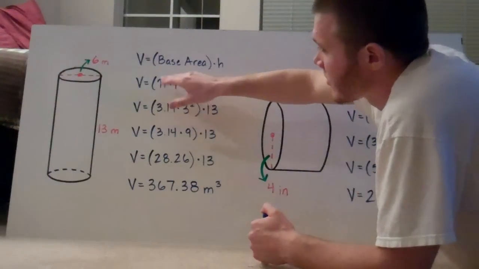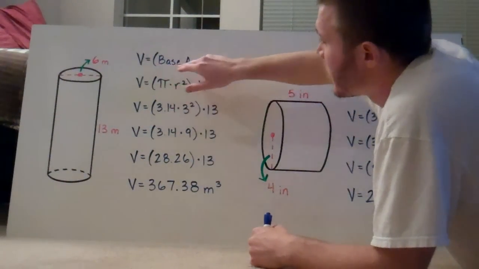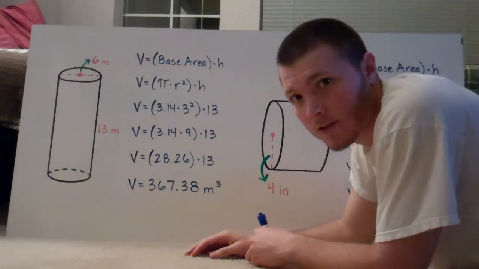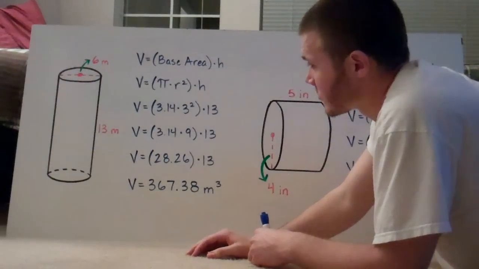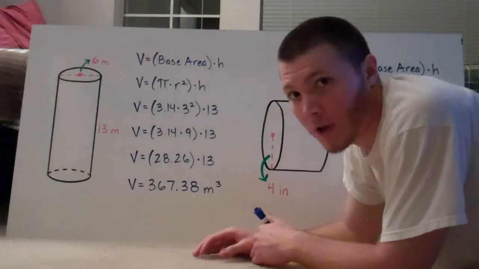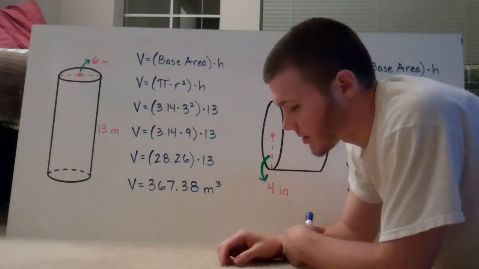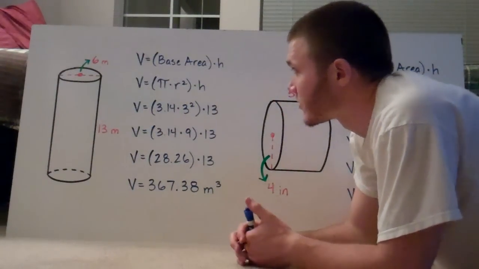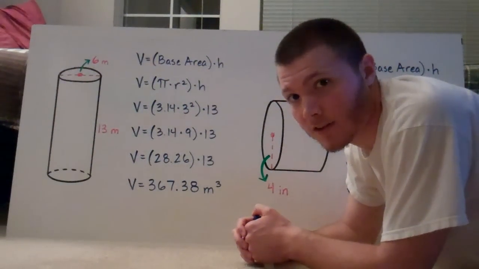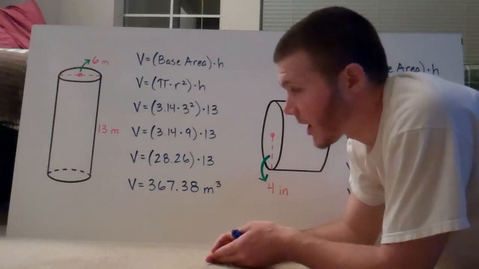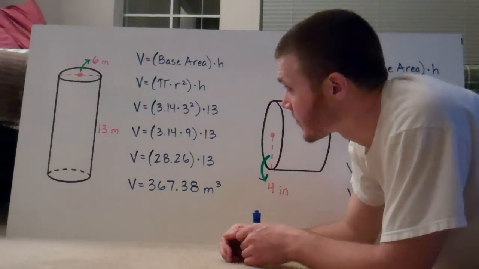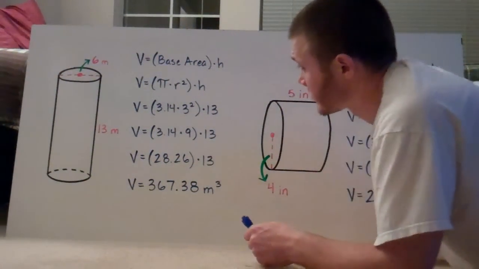The base area of a cylinder is found by multiplying pi times the radius squared, which you should all know.